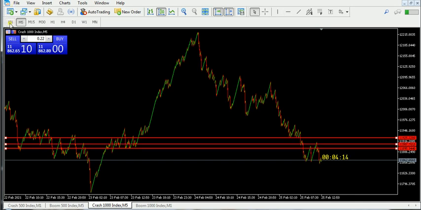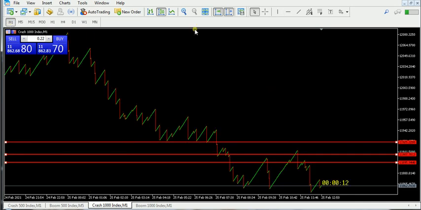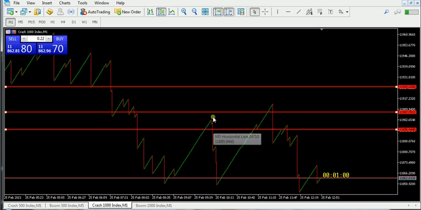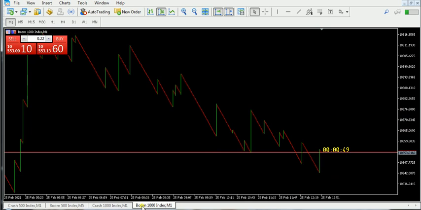So once you are done, you go back to your 1 minute time frame, then you check. Once price gets here, this was a resistance level from our previous chart. So once price gets here, it falls. Once price gets here, there was another fall. See, and now it's falling.